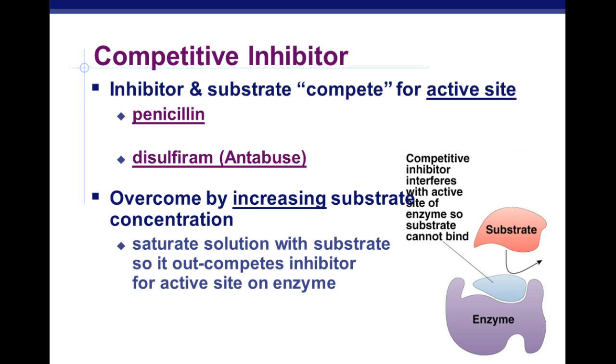Now, drug companies have developed a drug called Antabuse, A-N-T-A-B-U-S-E, chemical name disulfiram. Doesn't really matter, you just be able to use the example if you're ever asked about it. Now, this causes the accumulation of acetaldehyde. Remember, normally it doesn't accumulate, but with this drug it does.